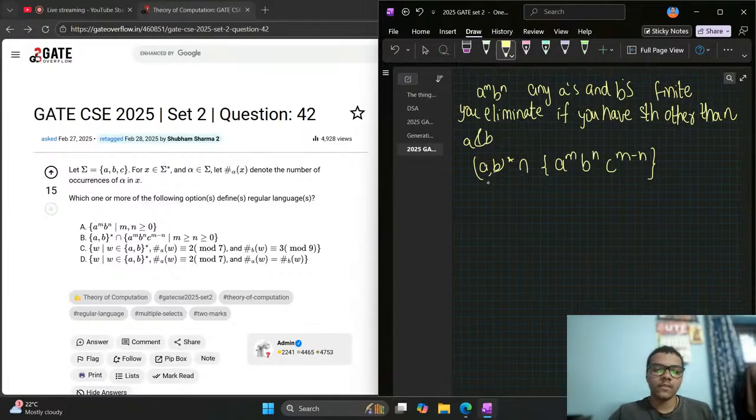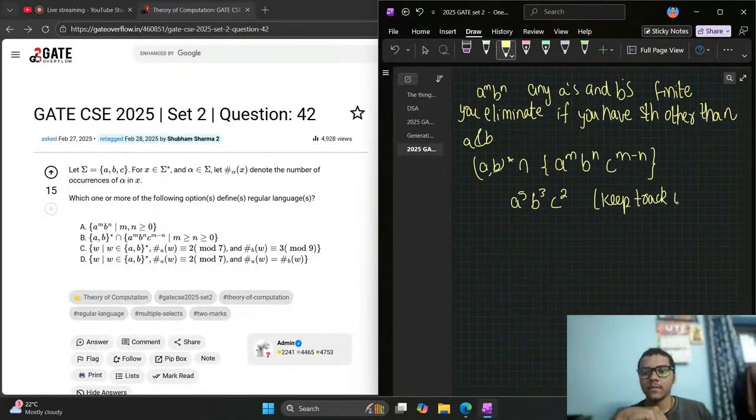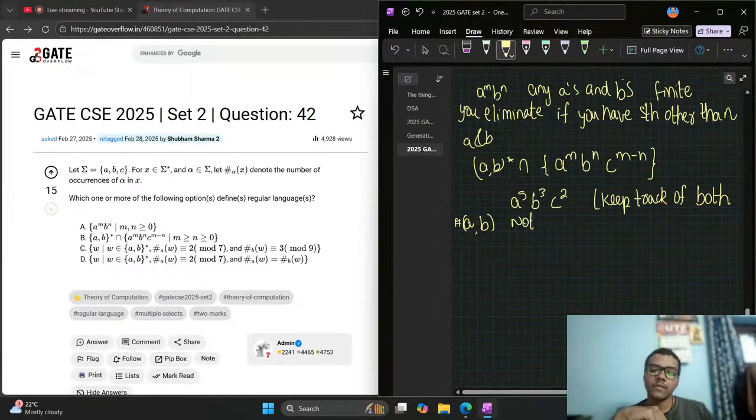So if it is a power 5, b power 3, then c power 2. So you need to keep track of both a and b occurrences. Not finite.